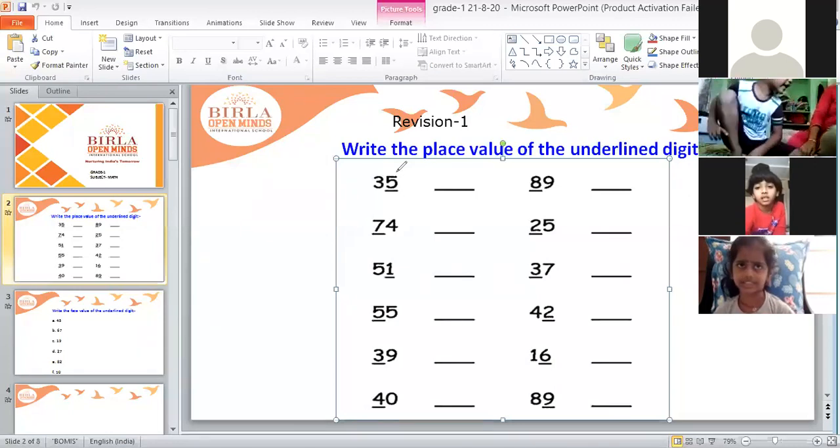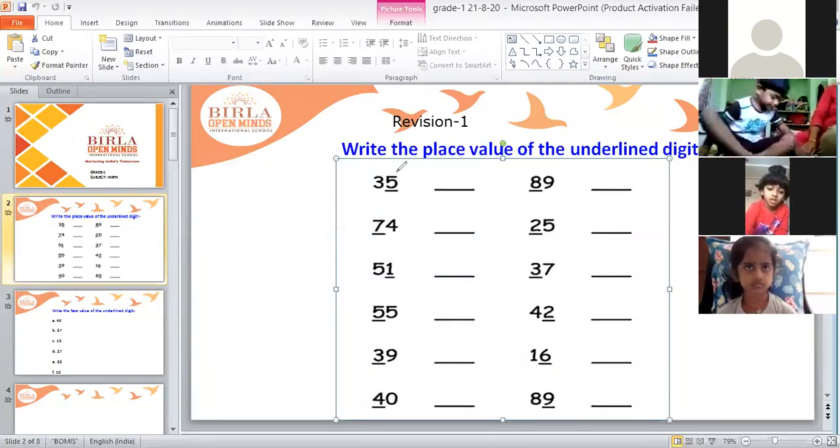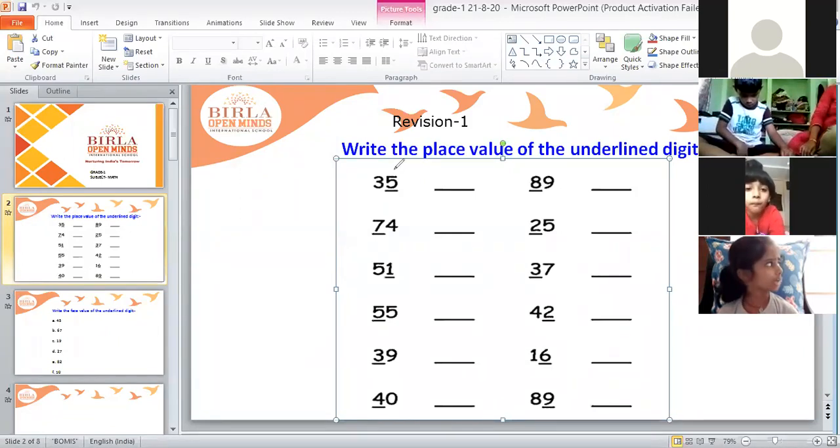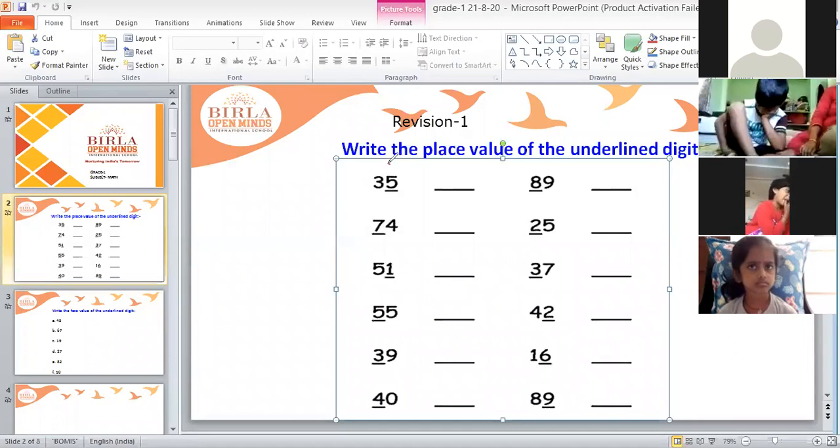Your first number is 3535. In this number they have underlined the digit 5. Here, 5 is in the ones place.